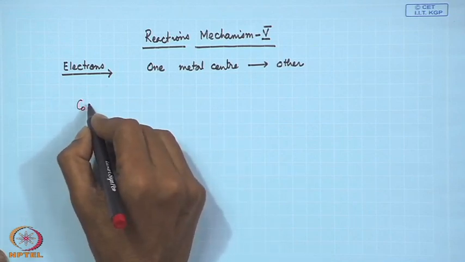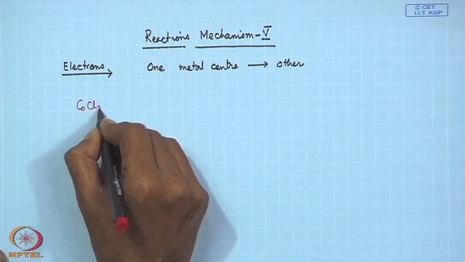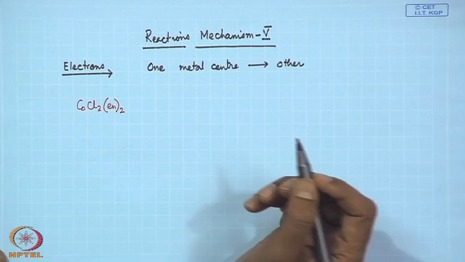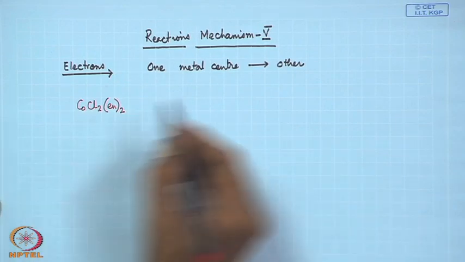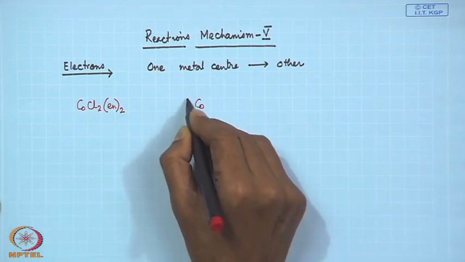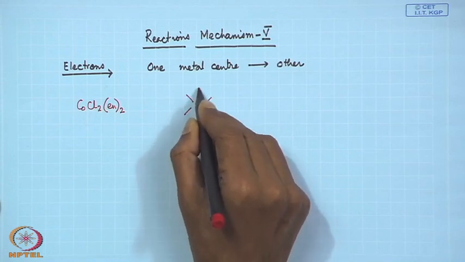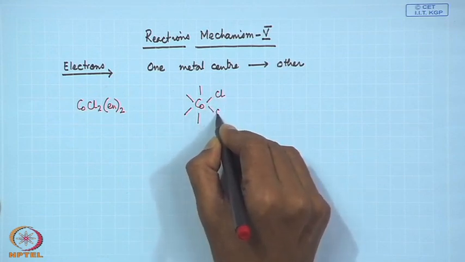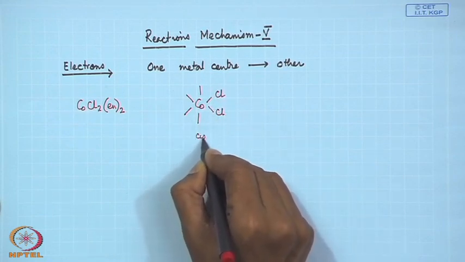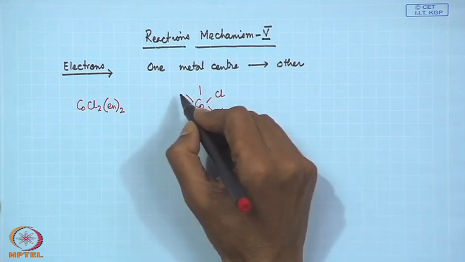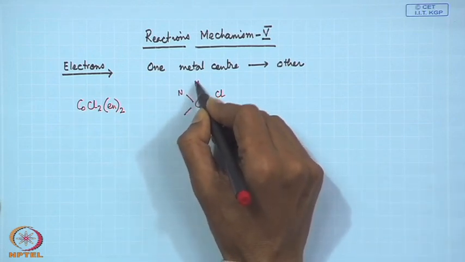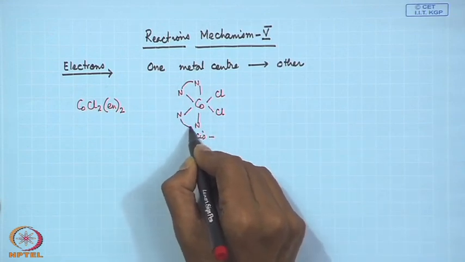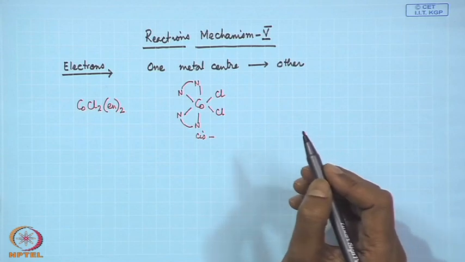complex of cobalt, where we have these 2 chlorine atoms on the cobalt center. So, out of the 6 positions, 2 of them are occupied by chlorine in cis geometry, when these 2 ethylene diamine groups bind to the cobalt in this particular fashion.